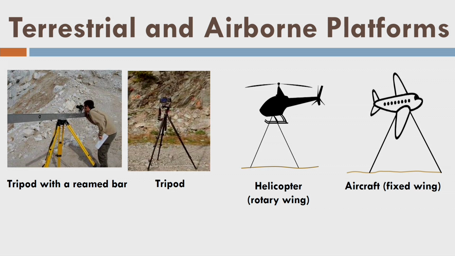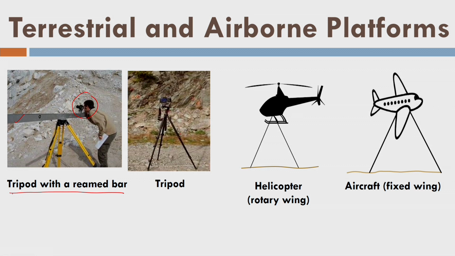Now, on terrestrial and airborne platforms, we can also mount the camera, right. As a result, you see there is a tripod with a ramming bar, that means on this ramming bar you can see a camera is mounted, and this gentleman is trying to acquire some photograph or image or information.